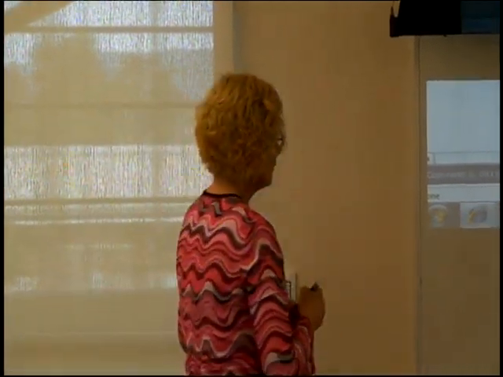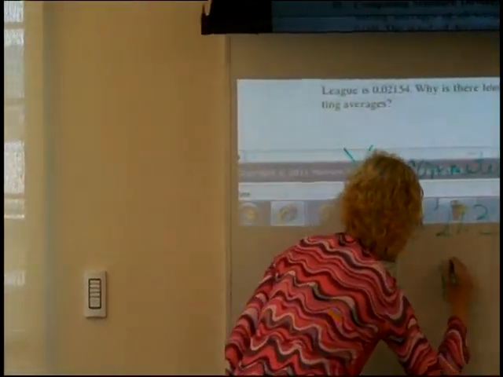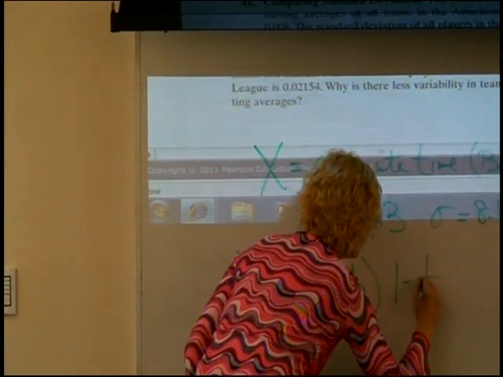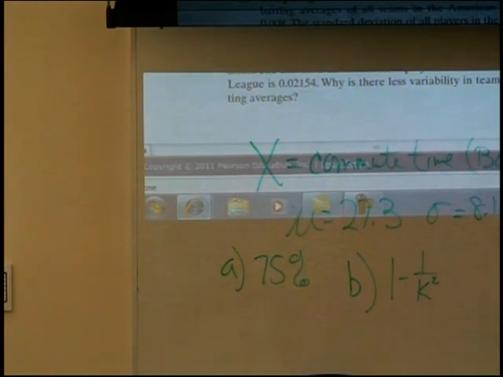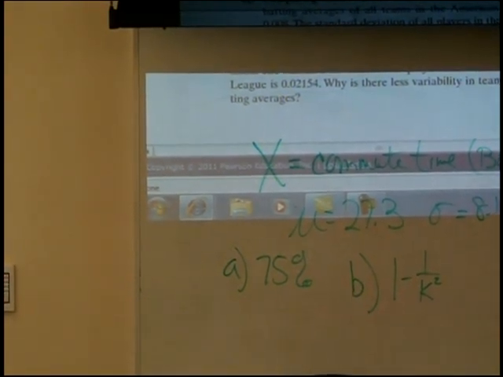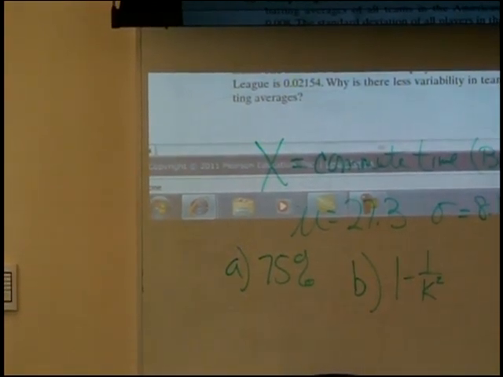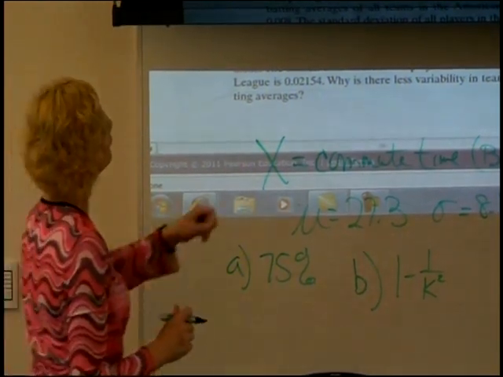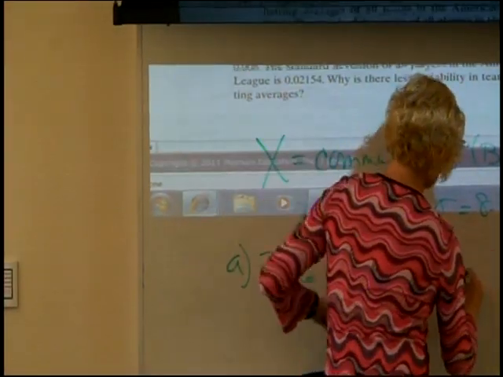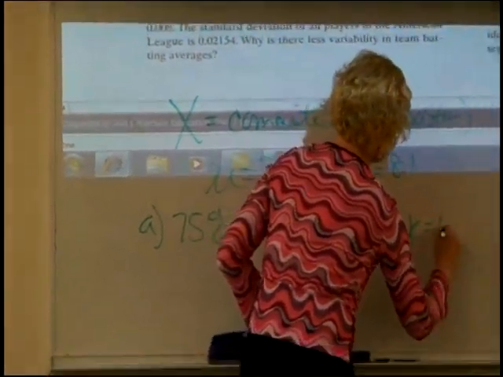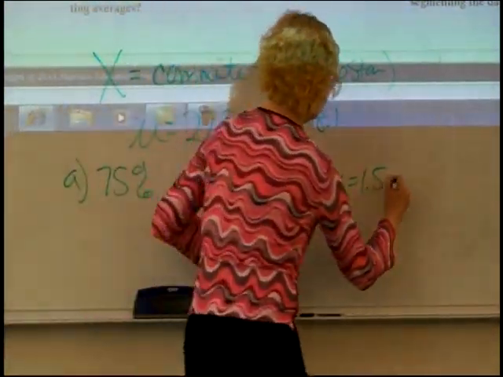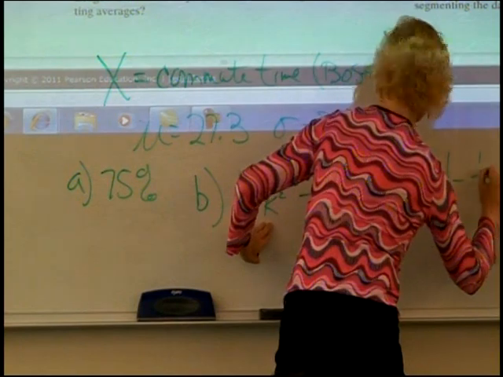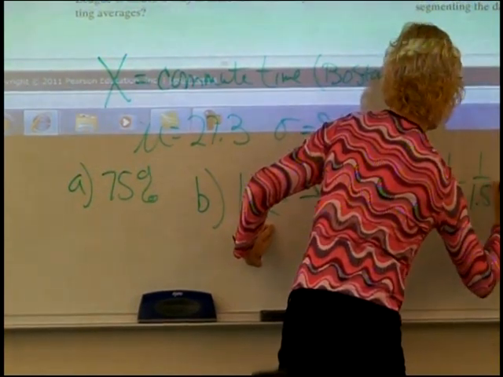Ah. So for part B, we're going to have to use our little formula that tells us the percentage within a certain number of standard deviations. If the number of standard deviations is 1.5, plug that in, so you have 1 minus 1 over 1.5 squared.